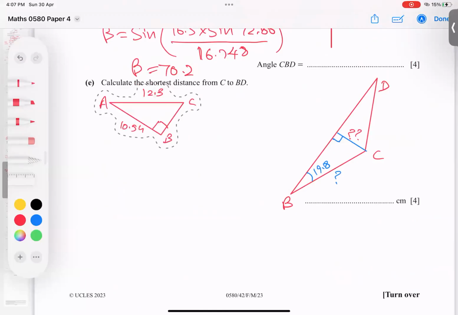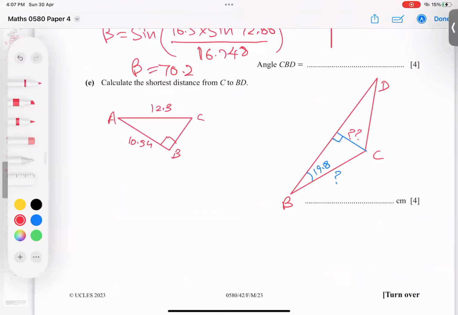Okay, all right. So see now, I hope you can get this BC from here. Use Pythagoras theorem: in front of 90 is called the hypotenuse. So hypotenuse squared equals opposite squared plus adjacent squared. So 12.3 squared equals 10.54 squared plus BC squared.